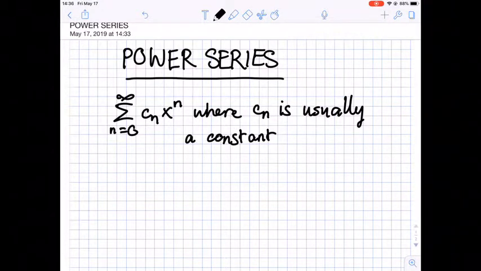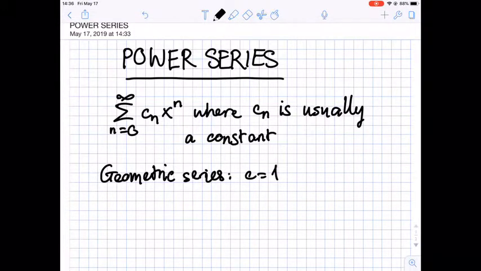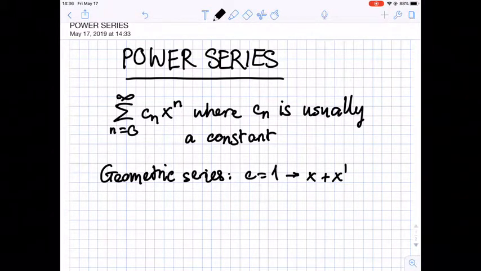So usually in a geometric series, C is 1, therefore it has a very simplified version of 1 plus x plus x to the power of 2 plus x to the power of 3 and so on.